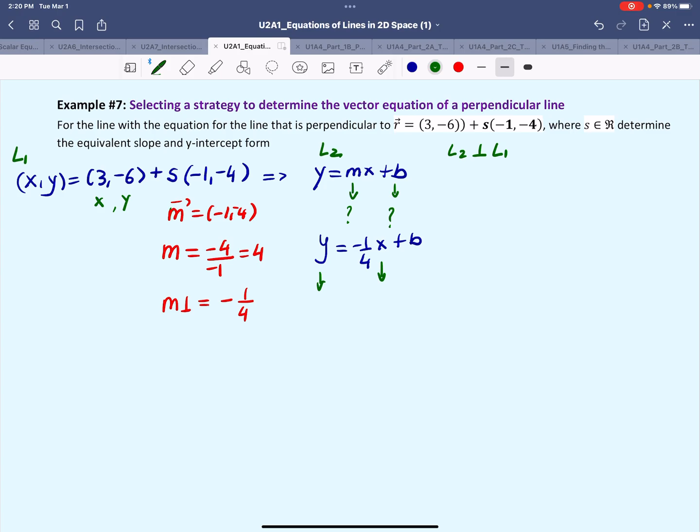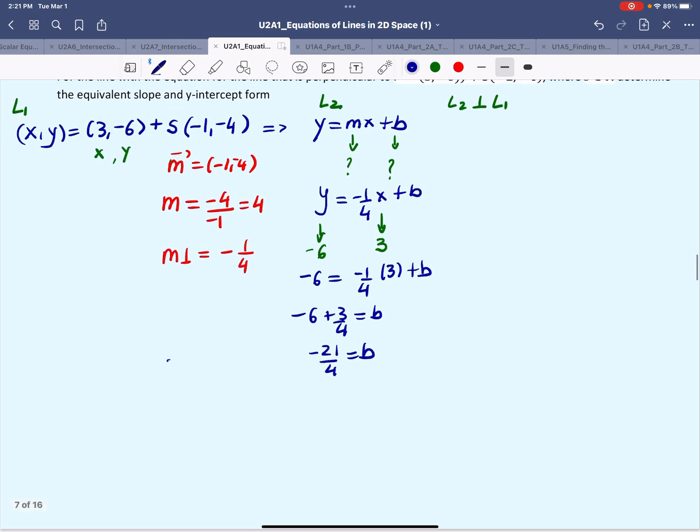With x equal to 3 and y equal to negative 6, our equation becomes negative 6 equals negative 1/4 times 3 plus b. So negative 6 plus 3 over 4 equals b. Negative 6 times 4 is negative 24, plus 3, negative 21 over 4 equals b.